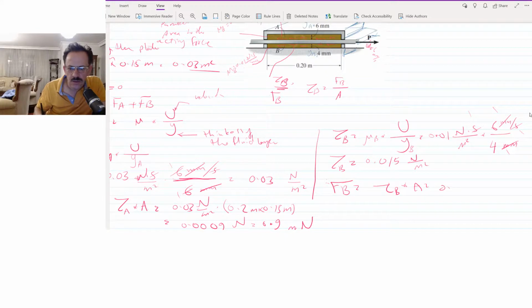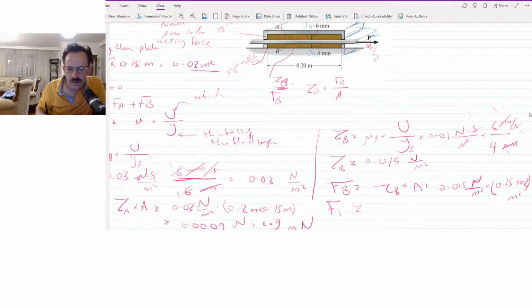It's equal to 0.015 Newton per meter square multiplied by the area. The area is equal to 0.15 times 0.2 meter square.